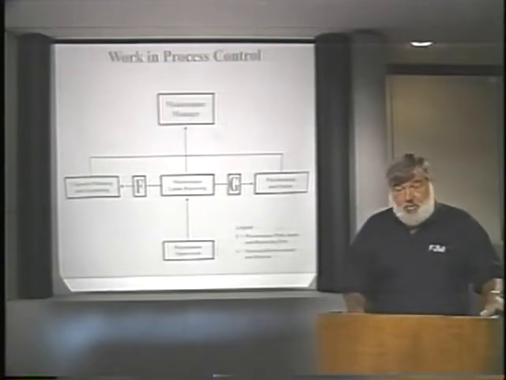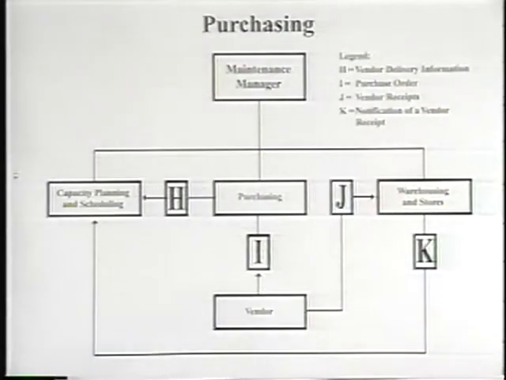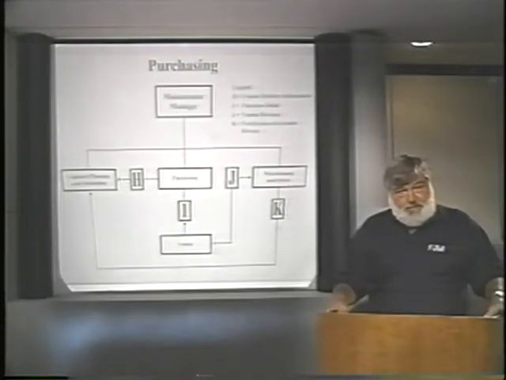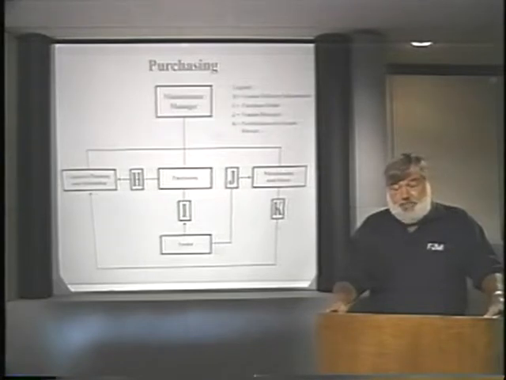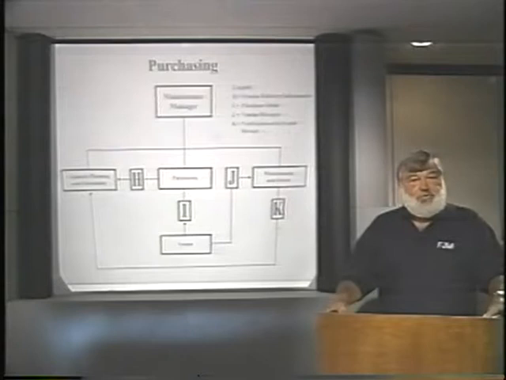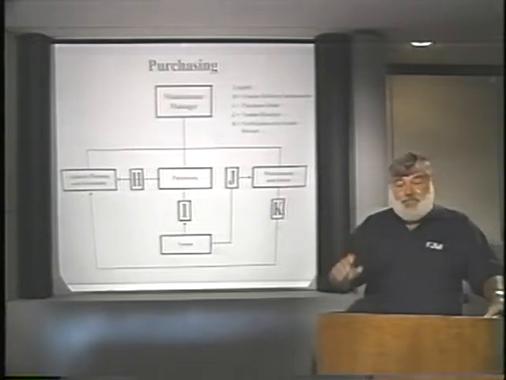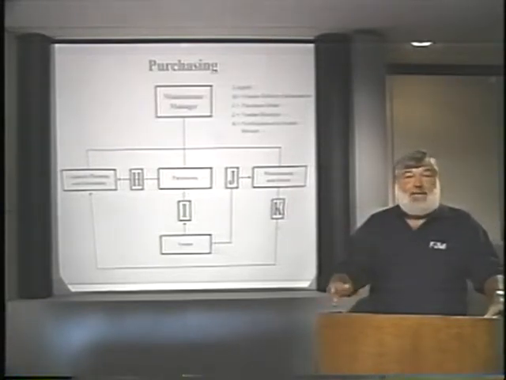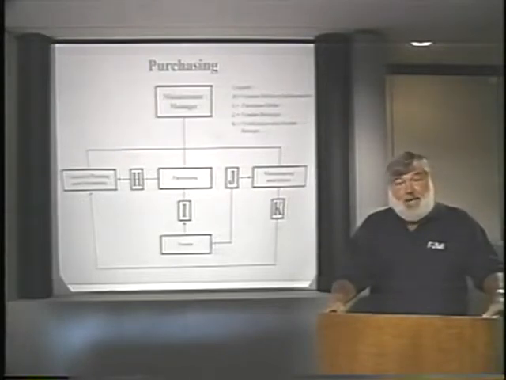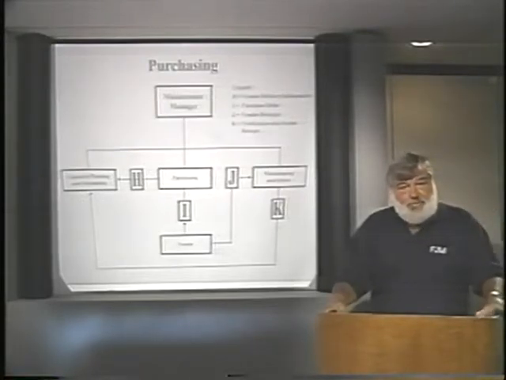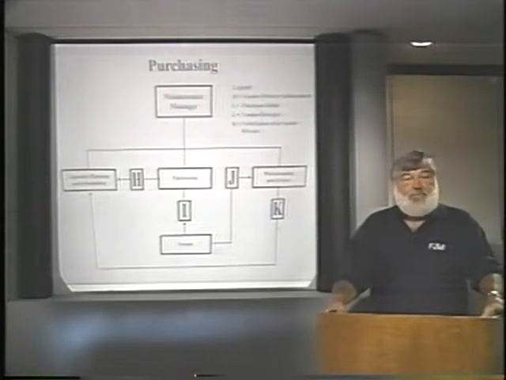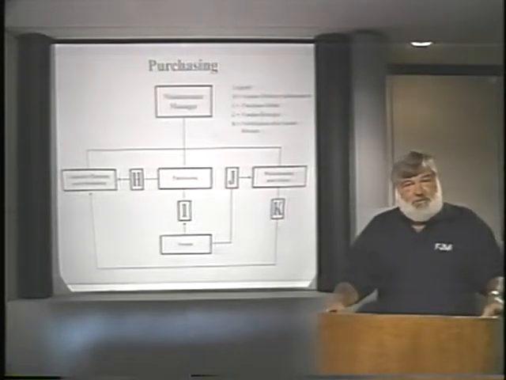And moving forward now to the purchasing function, you could see that purchasing is directly commingled with capacity planning and scheduling. That's the PM work order. It's tied in with the supply base through the issuance of purchase orders, which is I. And then also it is tied in directly with the warehouse, the storeroom, or the crib, whatever you call that specific activity, through the receipt of materials.